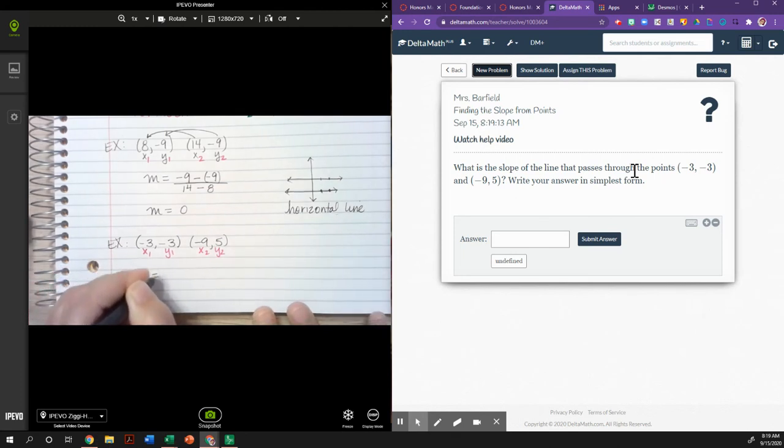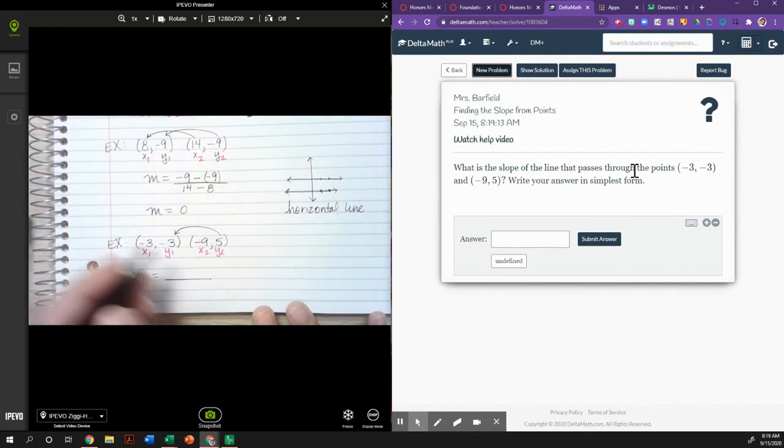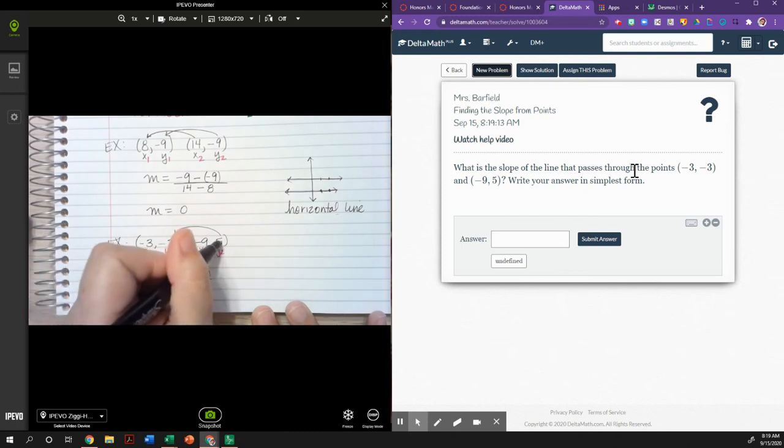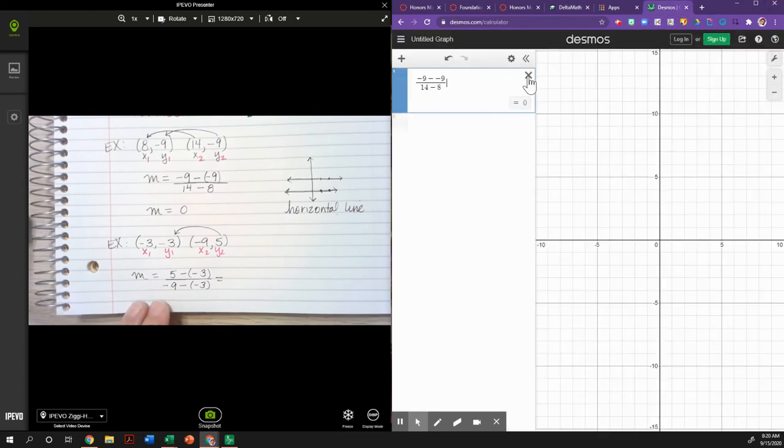So m equals, if I do it this way, 5 minus negative 3. Since I start with a 5, I need to start with a negative 9 minus negative 3. Then if I switch over to Desmos, type in that fraction bar, 5 minus negative 3 over negative 9 minus negative 3.